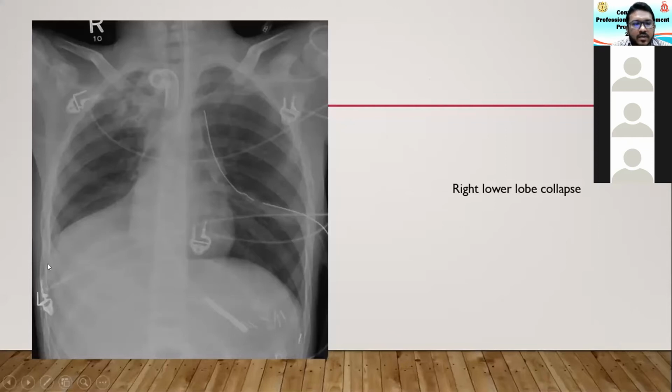It's the right lower lobe. So you can't see the right diaphragm. So this is right lower lobe collapse, and you can make note of that. You can still see the right cardiac border. That means the right cardiac border is intact. That is, the right middle lobe is not having any pathology. It's just the right lower lobe.